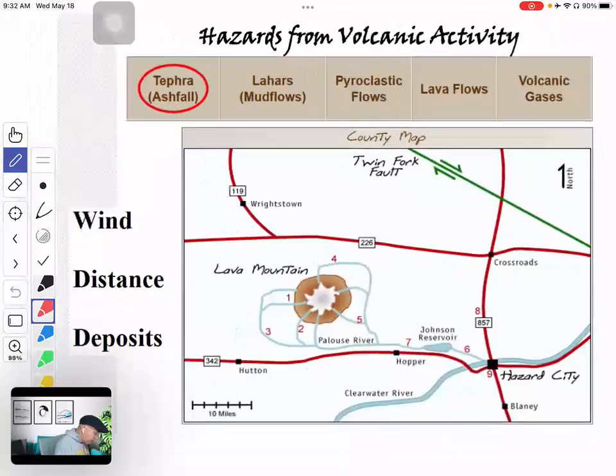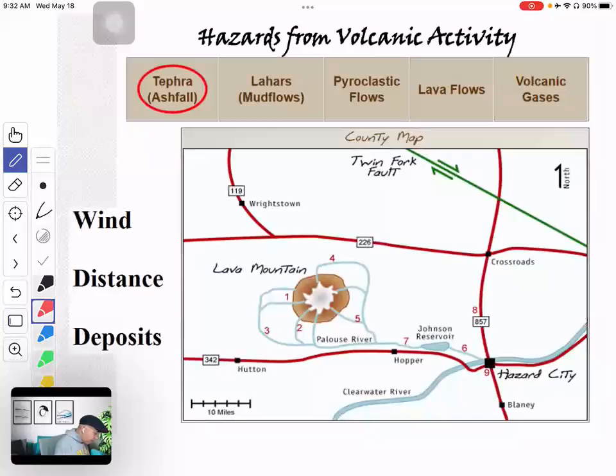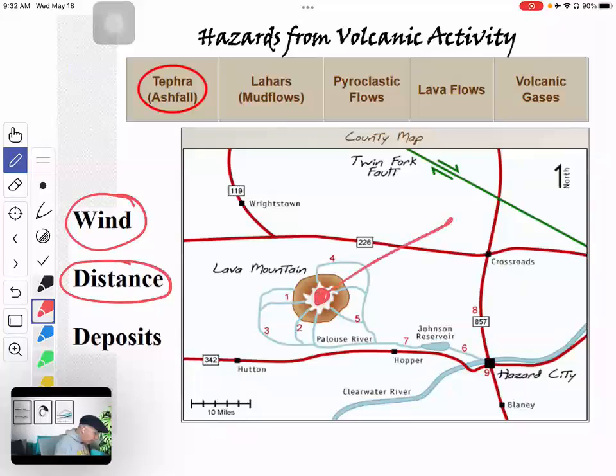So now that you have the 3 pieces of information, you know the direction that the wind is blowing, you know how far, if there is an eruption right here, how far will the ash travel in all directions? How far from the volcano will it travel?